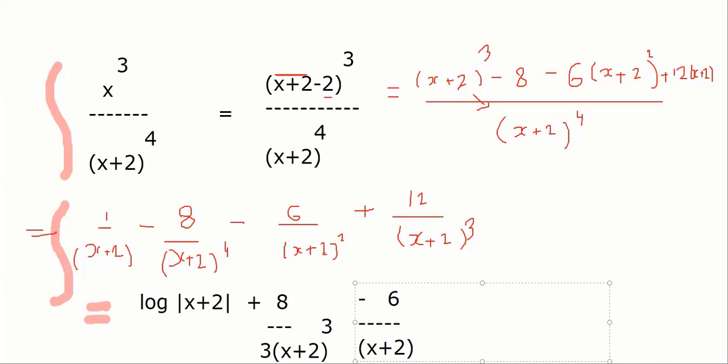Minus 2 plus 1, so minus 1. So it comes down to the denominator. And because of the minus, this becomes plus, right everybody? And lastly, what is the integration of 12 into (x plus 2) to the power minus 3?